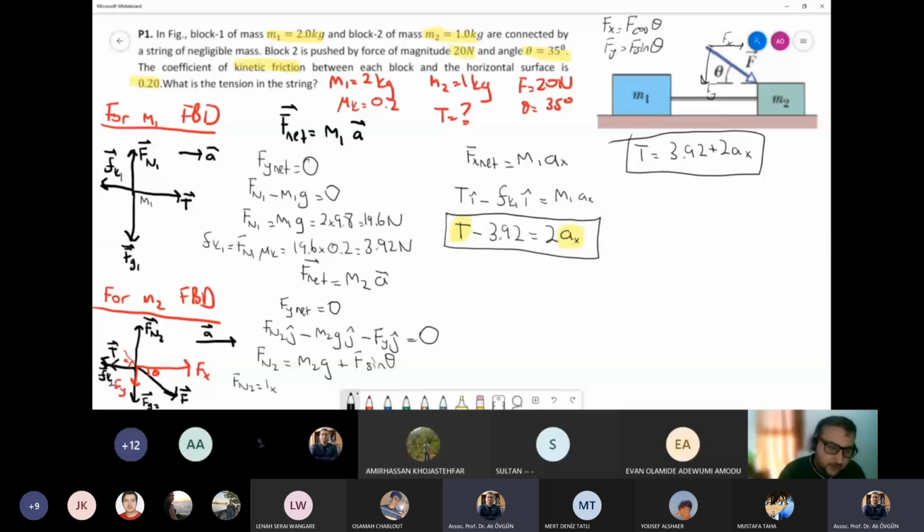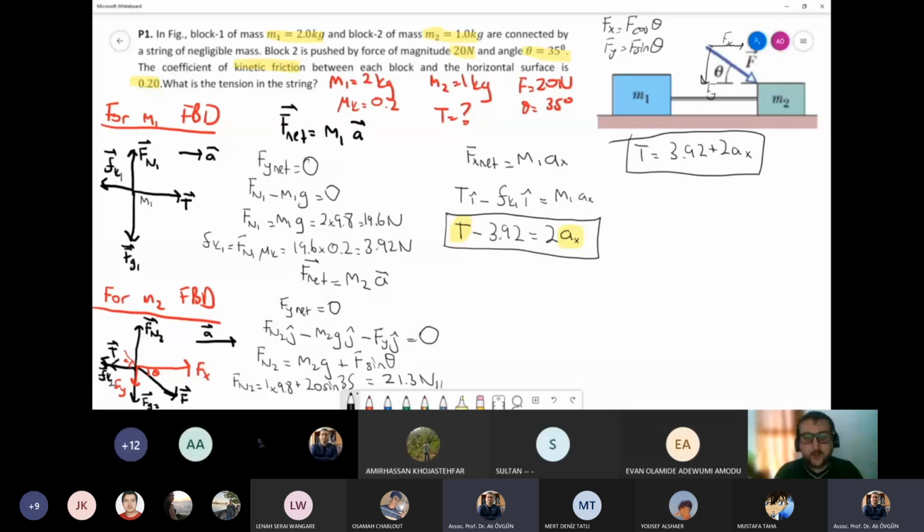Then put in the values and calculate F normal 2. M2 is 1 times 9.8 plus F, which is 20, times sine 35. So F normal is 21.3 Newton.